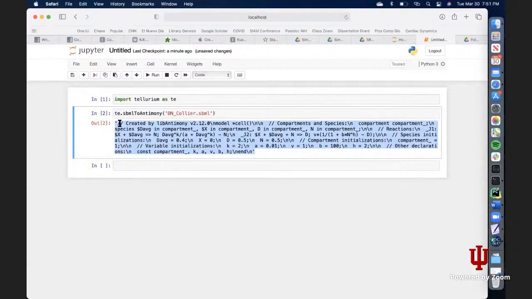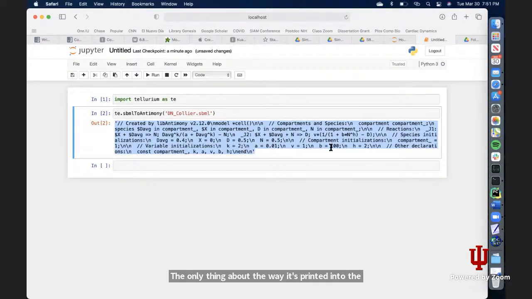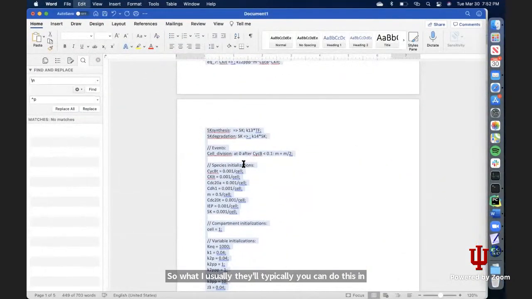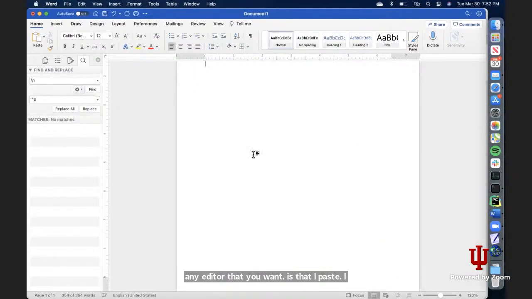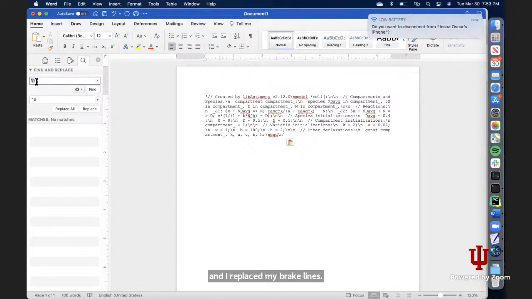The only thing about the way it's printed into the console is that it's not very readable because it has all these line breaks. So what I usually do, and you can do this in any editor you want, is paste the output of that function into an editor, and replace the backslash n's with actual line breaks.